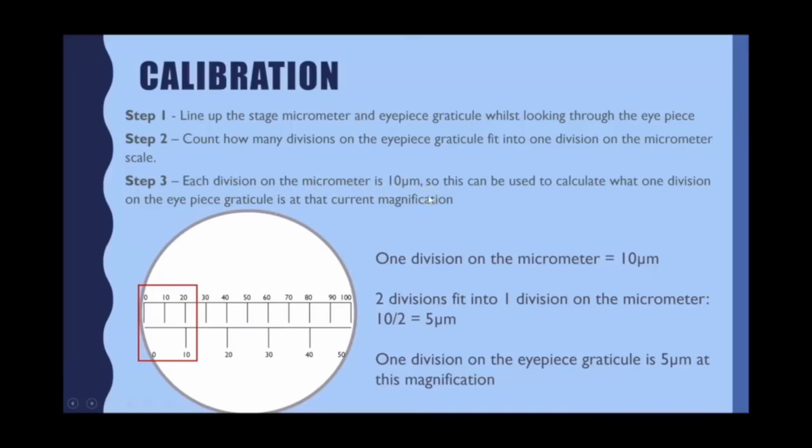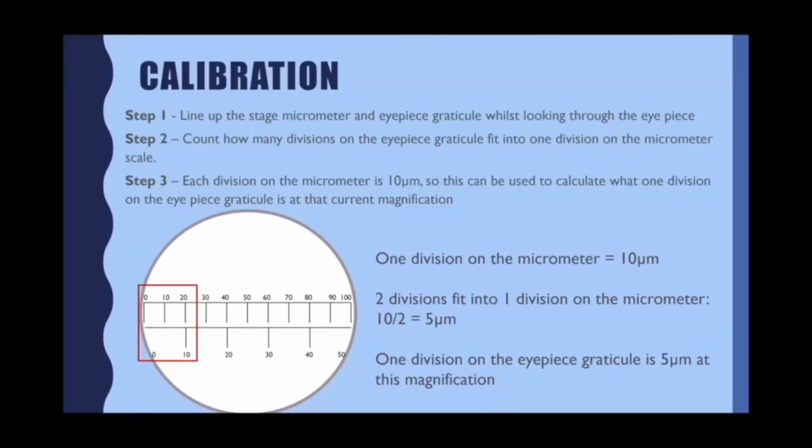So you can use that to work out, at this magnification, what one division on the eyepiece graticule is worth. One division on the micrometer scale is 10 micrometers, and 2 divisions fit into 1 on the micrometer, so it's 10 divided by 2. And we know then that on the eyepiece graticule, one division is worth 5 micrometers at the current magnification.